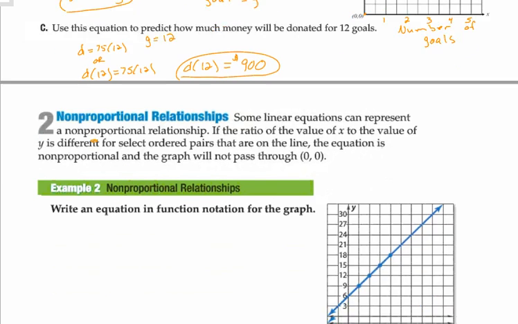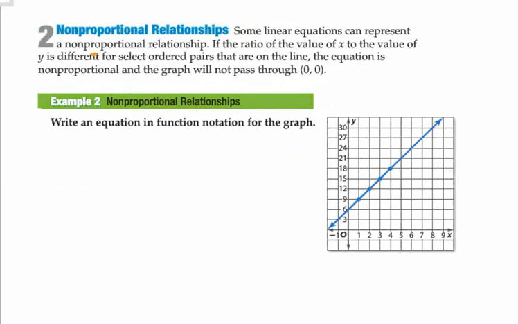All right, moving on to non-proportional relationships. It says that some linear equations can represent a non-proportional relationship, like our Coca-Cola example. If the ratio of the value of x to the value of y is different for selected ordered pairs that are on the line, the equation is non-proportional, and the graph will not pass through (0, 0).